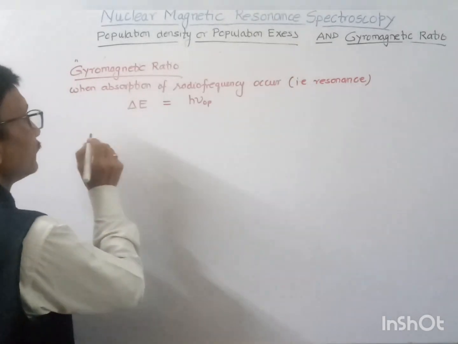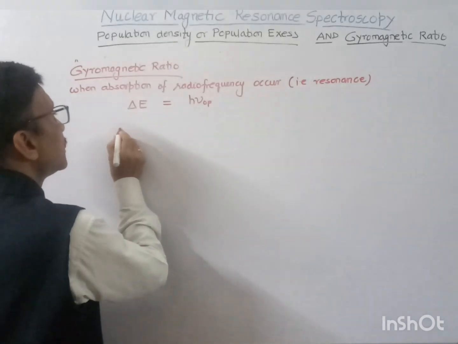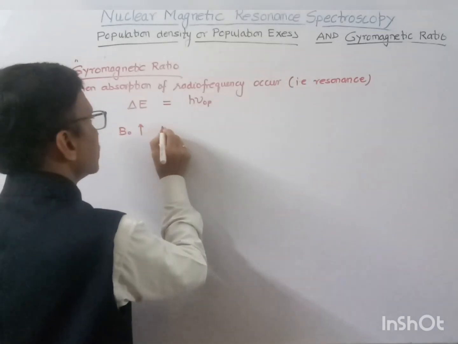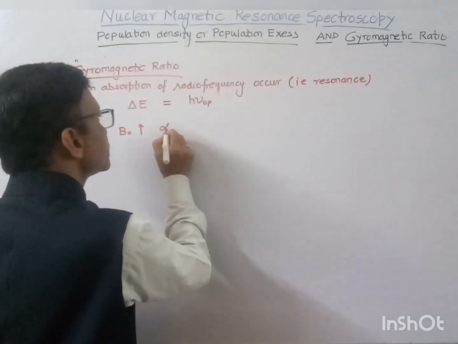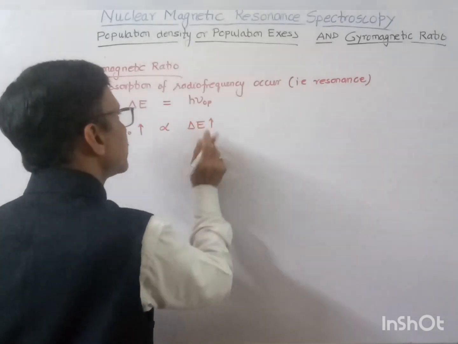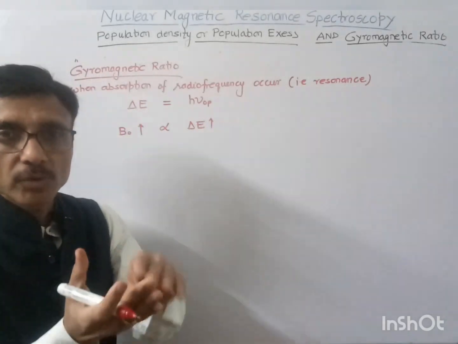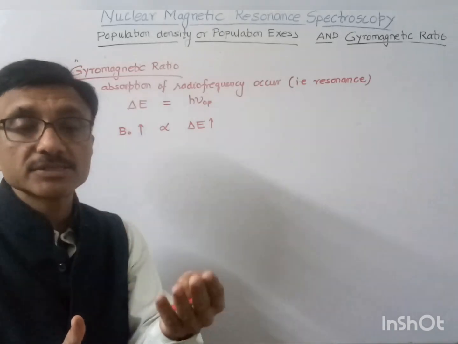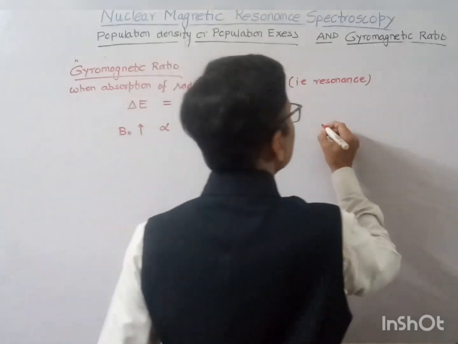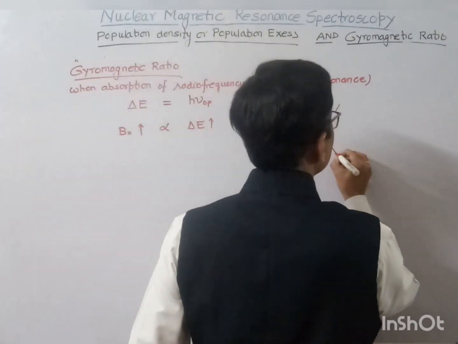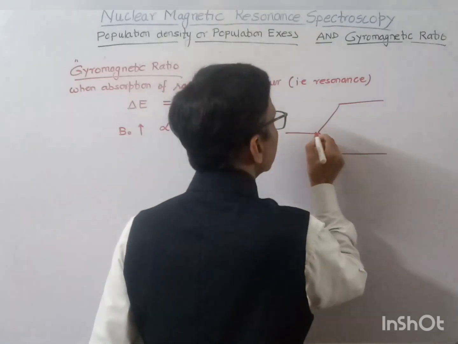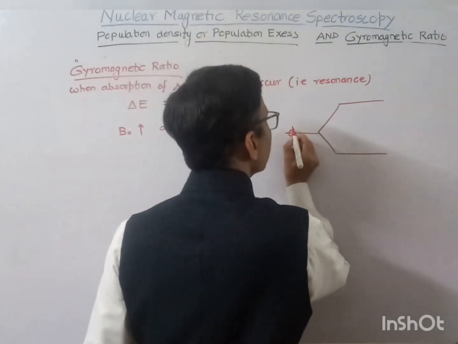We also know that as the magnetic field B increases, delta E also increases. As the magnetic field increases, the energy difference between the lower and higher energy states increases, and we get a good signal. Suppose this is the energy difference, and here two degenerate nuclei are present.